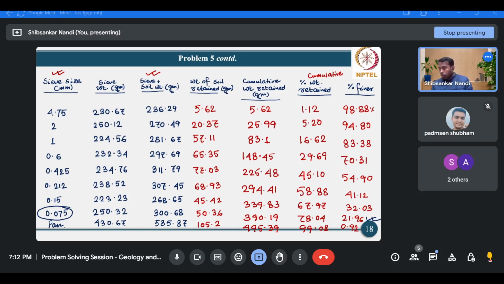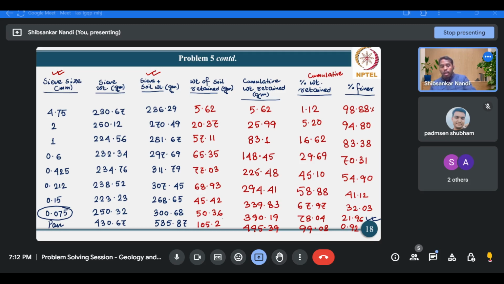Are you getting my point? So out of 500 gram, 21.96% is retained in the pan, and out of this, how much is it? 21.96 into 500 divided by 100, that means 9.8, that is retained in the pan, and out of this, 40 gram we have taken for the hydrometer test.